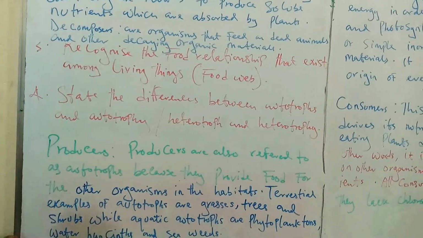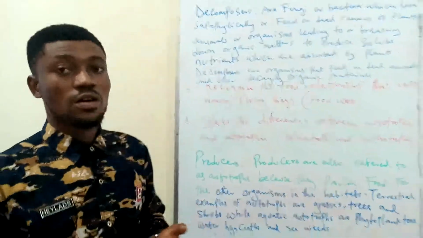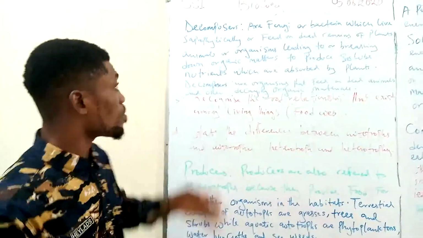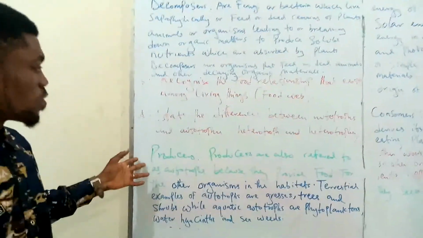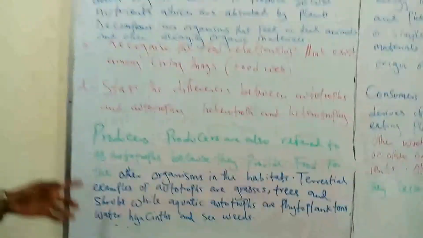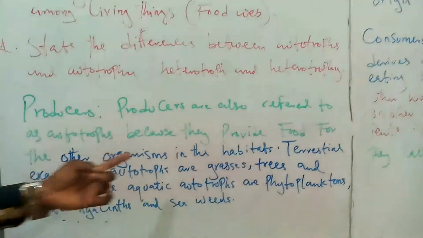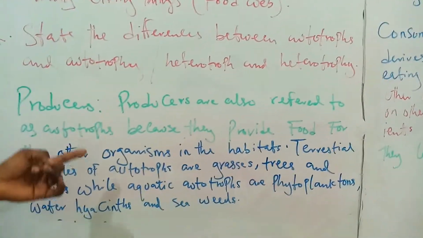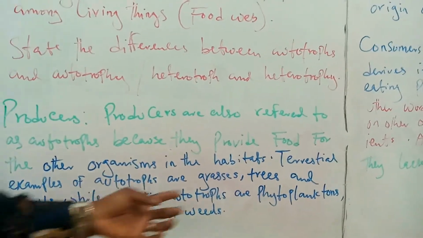So we're going to look at producers, consumers, and decomposers right here. So producers are also referred to as autotrophs because they provide food for the other organisms in the habitats.